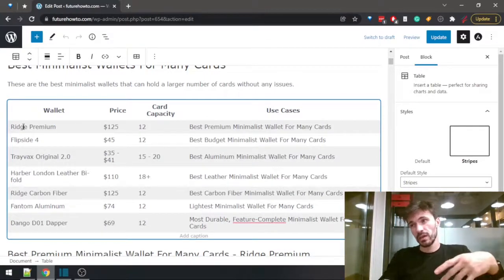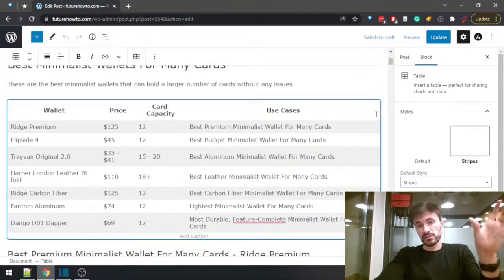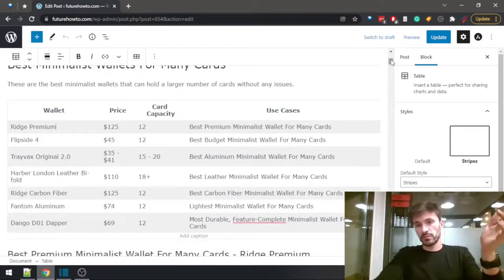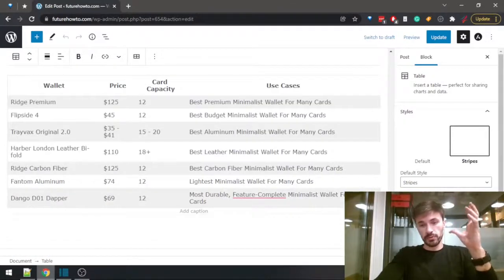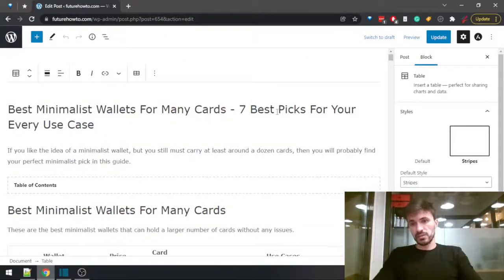Some of them I haven't even applied for the programs. So we're gonna skip that, but make sure to add affiliate links in here, or maybe even a separate column called buy, and the anchor text is just buy. Go and buy, or maybe the name of the merchant. But do that in both of the tables, and this is gonna convert really well. You're gonna get extra sales because of that.